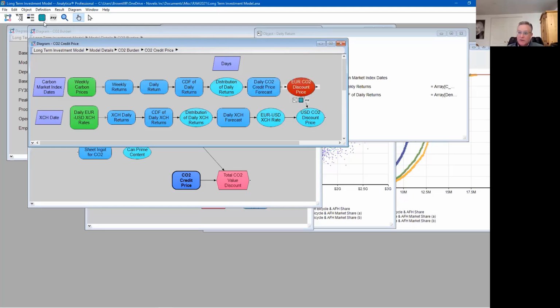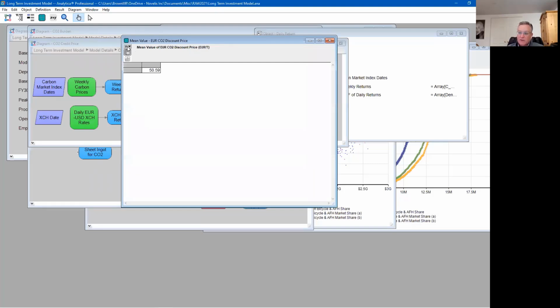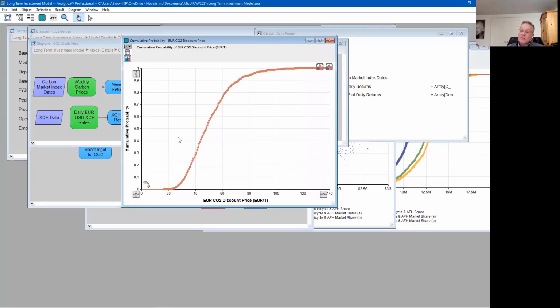So when I get that marginal distribution, on average, it's worth about 50 euros per ton. Or if I look at it in terms of a cumulative probability distribution, I get a range that goes from around, let's say, $69 or $70 per ton, all the way down to, it looks like maybe about $32 per ton would be the 10th percentile.